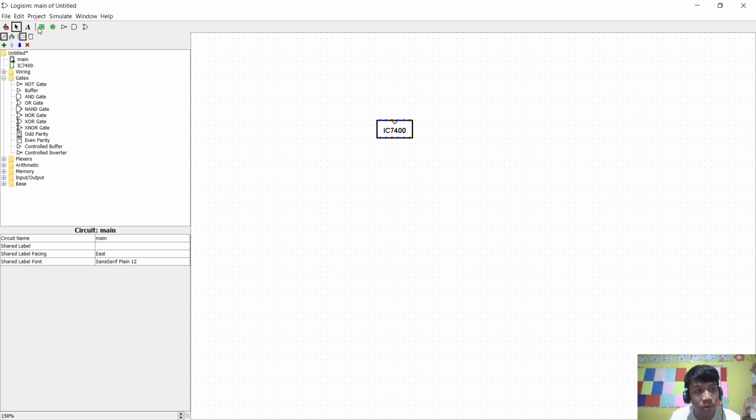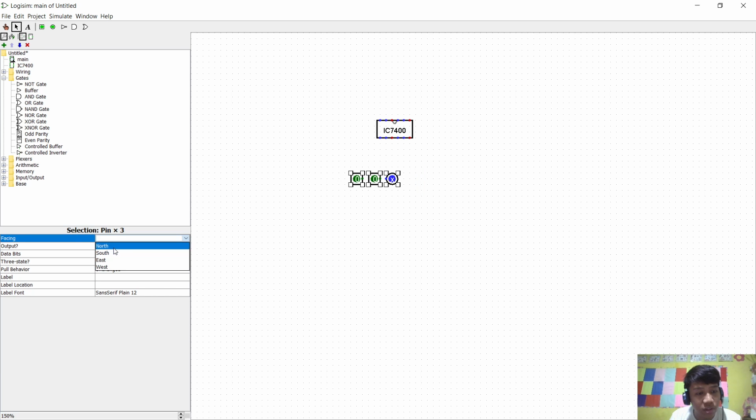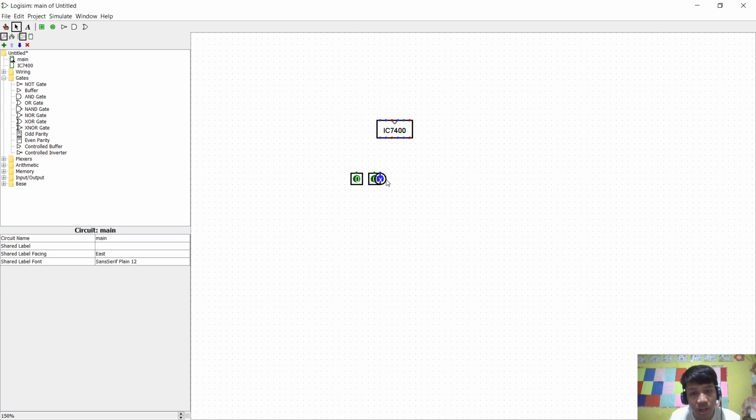There you go. And to prove that the IC is working, we'll be putting some pins here and facing them north. Not the label, facing north. Then I will be adjusting the output pin so it will not be crowded. There you go.